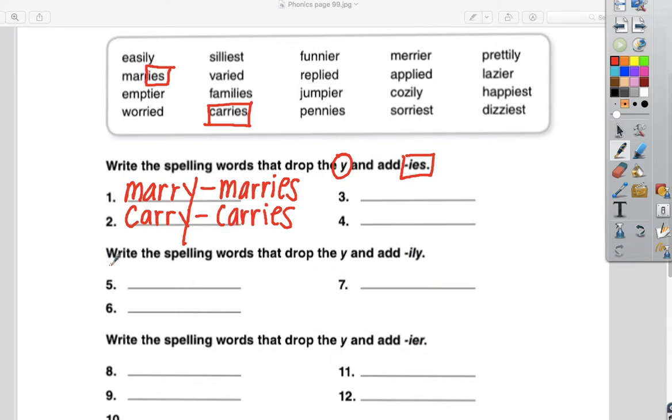This part says to write the spelling words that drop the Y and add ILY. So you're going to look at your list for ILY. I see one here. I know that the original word is cozy. And then they dropped the Y and they added ILY. So it ended up being cozily. Okay? The same thing for the rest of the page.